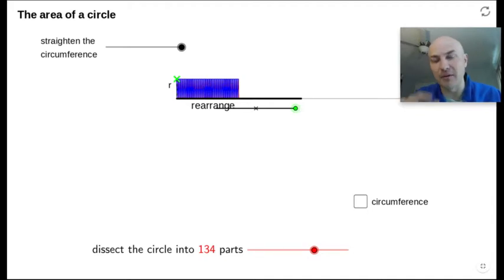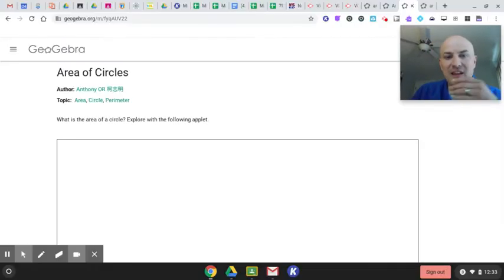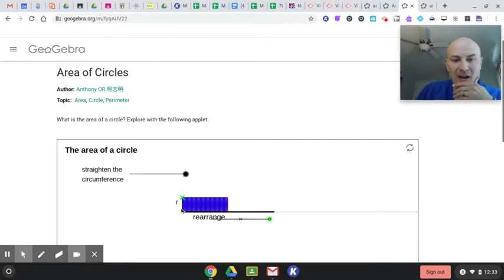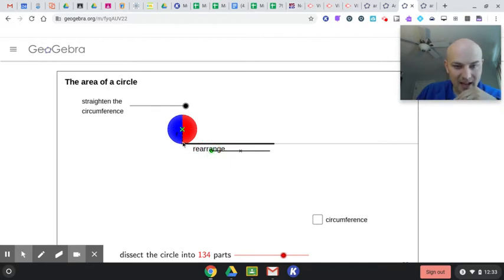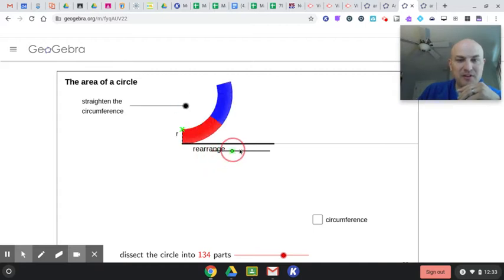That's insane, right? And the formula, well, the height of my rectangle is r, because that's the same as the radius of my circle. So that radius, that height from here to here of my rectangle, just corresponds with the length of each little piece. And just to remind you guys, these are all little pizza pieces.